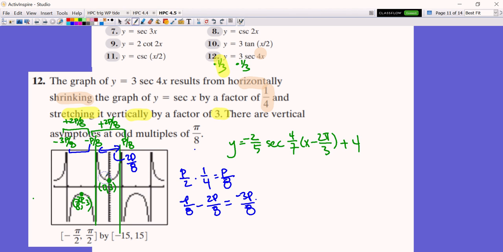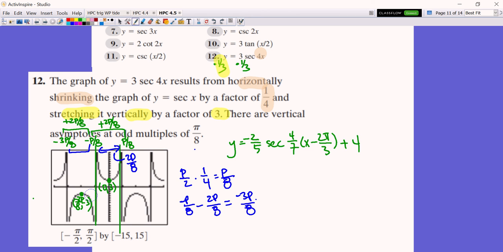Basically that capital U piece right here moved from 0, 1 down here to 0, 3 because it vertically got stretched by a factor of 3. Same thing here. This is not going to be positive 3 here, it's going to be minus 3.